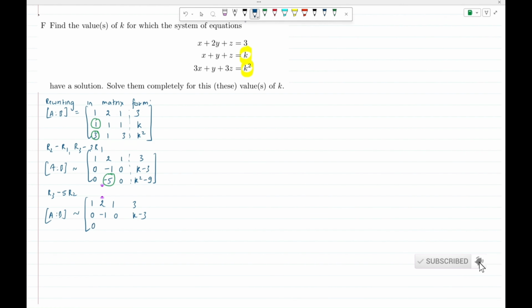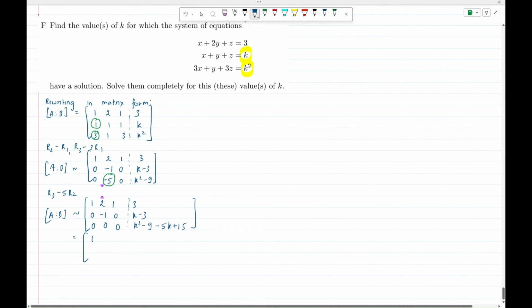Here we'll have 0, 0, 0, and over here we'll get k squared minus 9 minus 5k plus 15. So this is going to be 1, 2, 1, 3, 0, -1, 0, k minus 3. And the third row will have 0, 0, 0, k squared minus 5k plus 6.